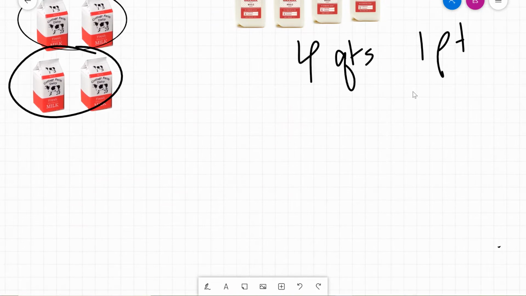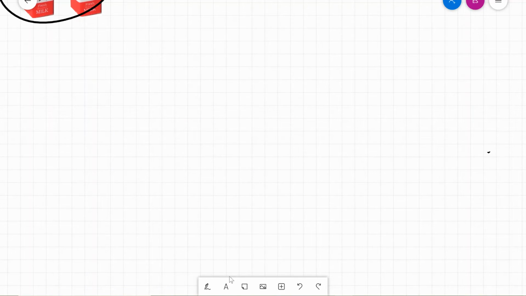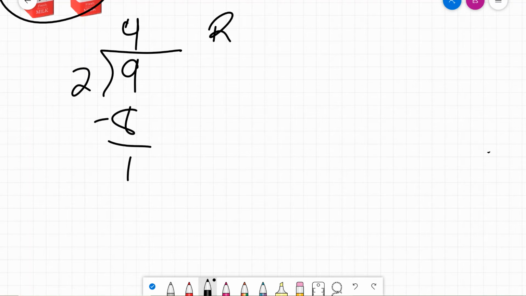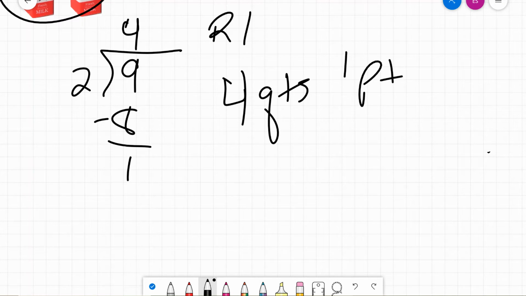So now let's talk about how we do this out in numbers. Because it's a division problem, if you remember long division, you can use it here. You could say 2 goes into 9 4 times, and 4 times 2 is 8, and get a remainder of 1. So that's our 4 quarts, and that remainder is how many pints, 1 pint.